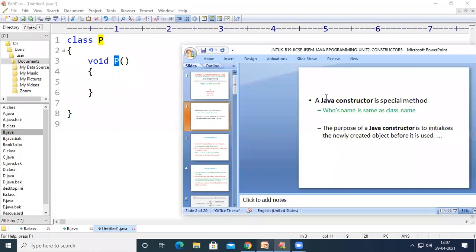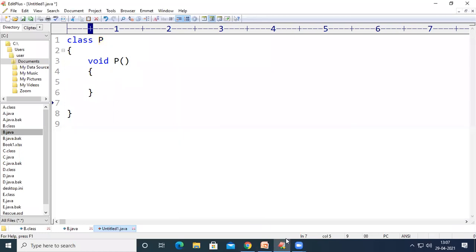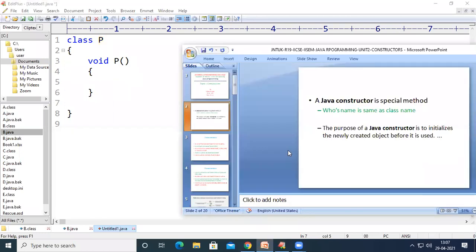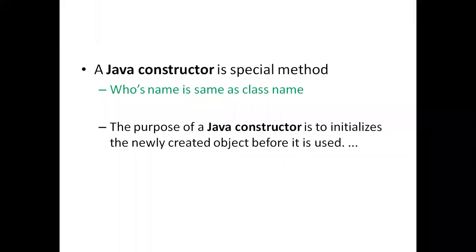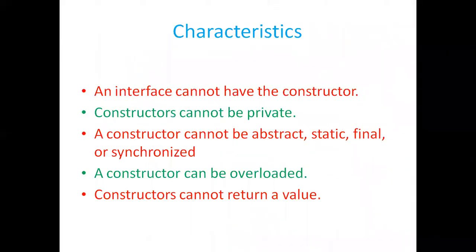So let us go into some characteristics of the constructors. See the characteristics. The first one is that an interface cannot have a constructor. You don't know how to define an interface because till now we haven't covered the topic of interfaces. We just know the name of interface.